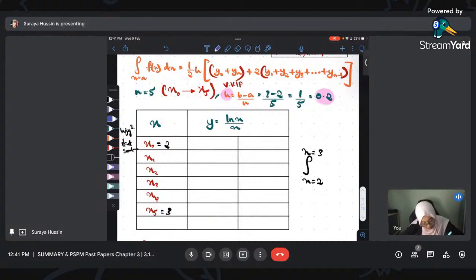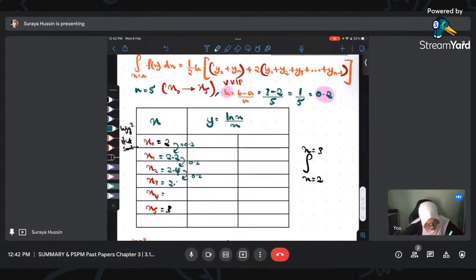While here in the middle here, Miss, apakah jawapan untuk tengah-tengah ni? Jawapan untuk tengah-tengah ni adalah dia hanya perlu tambah H. H apa? Tambah H kamu iaitu 0.2 plus 0.2. 2 plus 0.2 is what? 2.2 lah. 2.2. Plus again 0.2, 2.4. Plus again 0.2, 2.6.